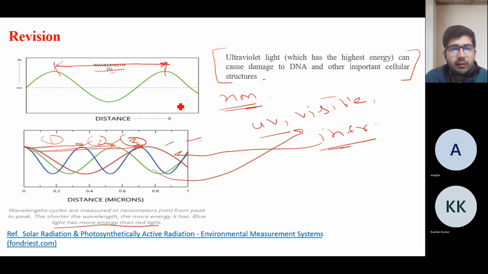But due to global warming, the ozone layer is also depleting, and ultraviolet light may come to the earth. That is very dangerous because they have more energy as compared to the infrared and visible light spectrum.